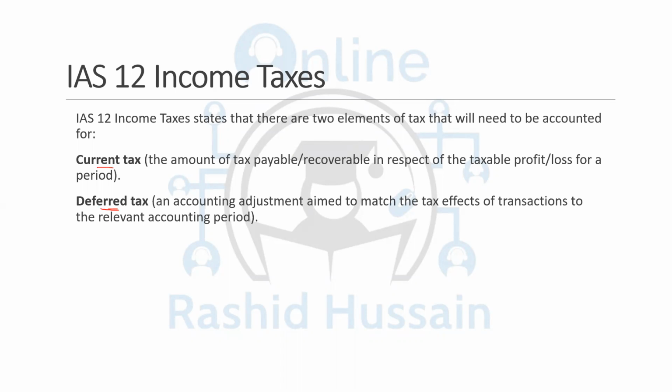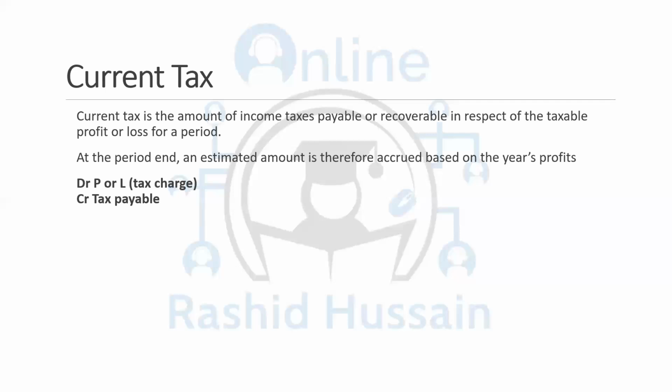When we are talking about IAS 12 in the FR exam, the examiner will be simply testing your knowledge of how you are going to account for those taxes. For example, the current tax. The current tax is simply the current tax provision. We call it the current tax provision.